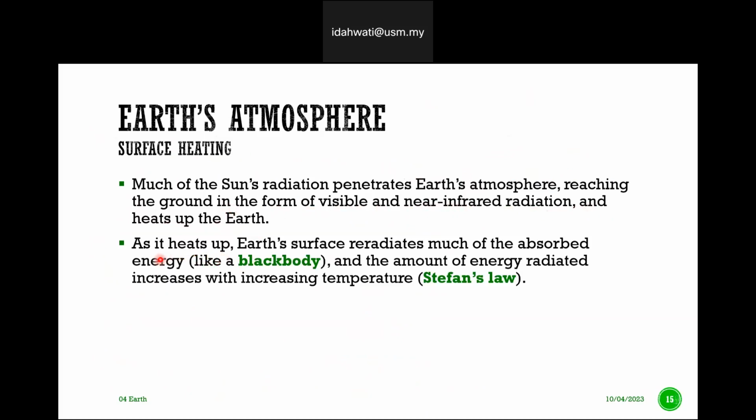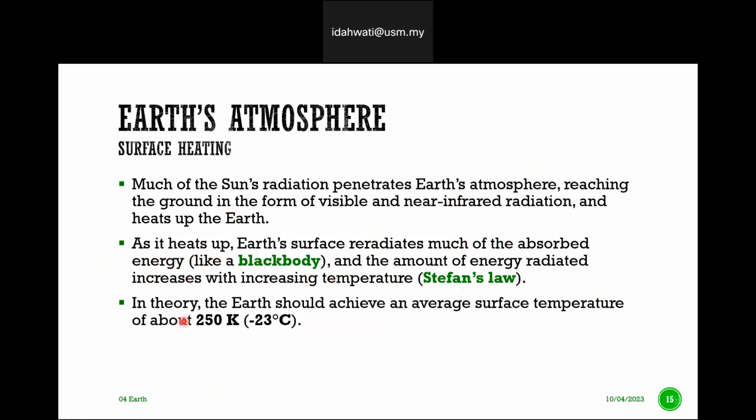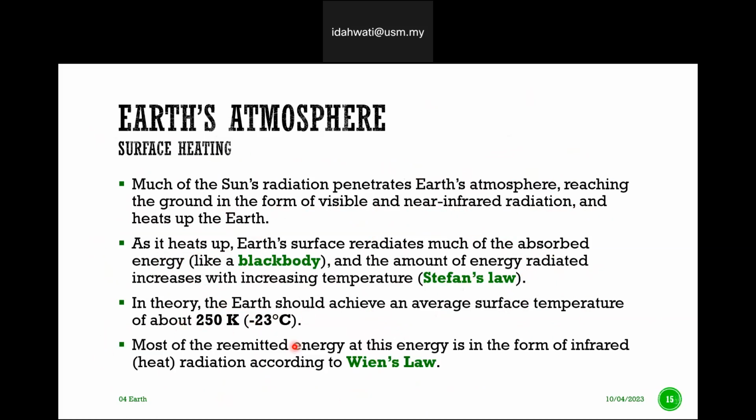As it heats up, the Earth's surface re-radiates much of the absorbed energy like a black body, and the amount of energy radiated increases with increasing temperature. That is Stefan's law. So in theory, the Earth should achieve an average surface temperature of about 250 kelvin.